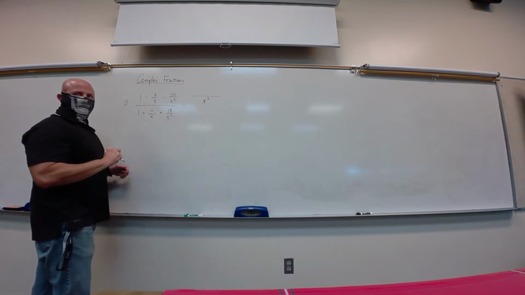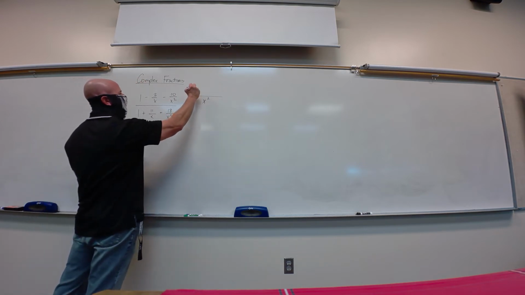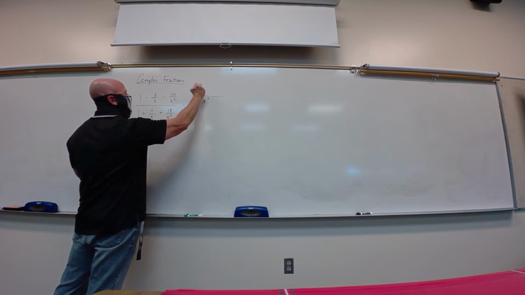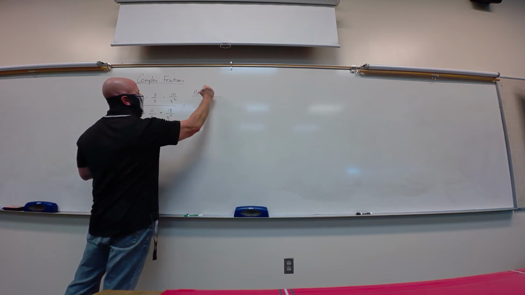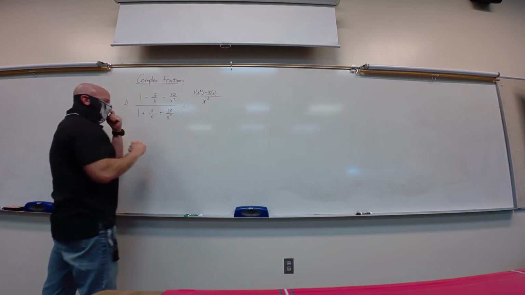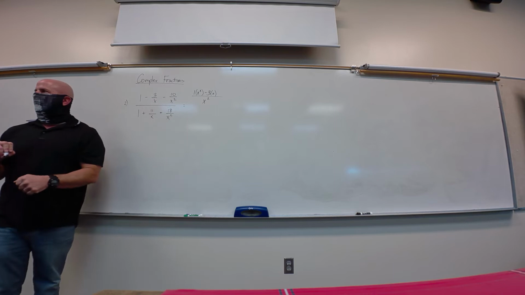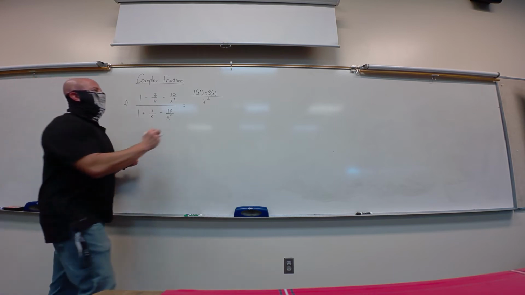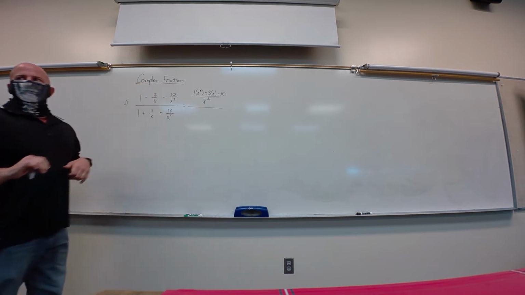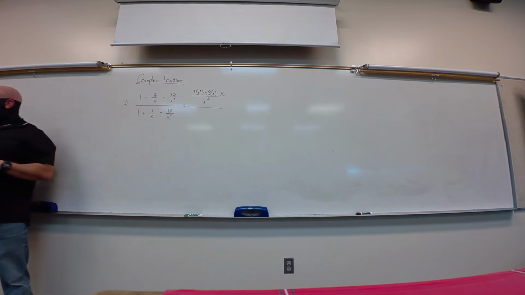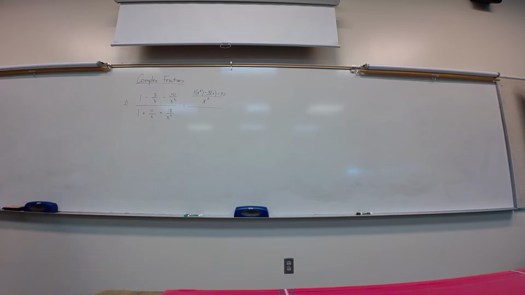Build the numerator. So we're going to have 1 times x squared minus 3 times x, because it only had one of them. I've got an x squared down there, minus 10. My numerator's done. I go to the denominator.